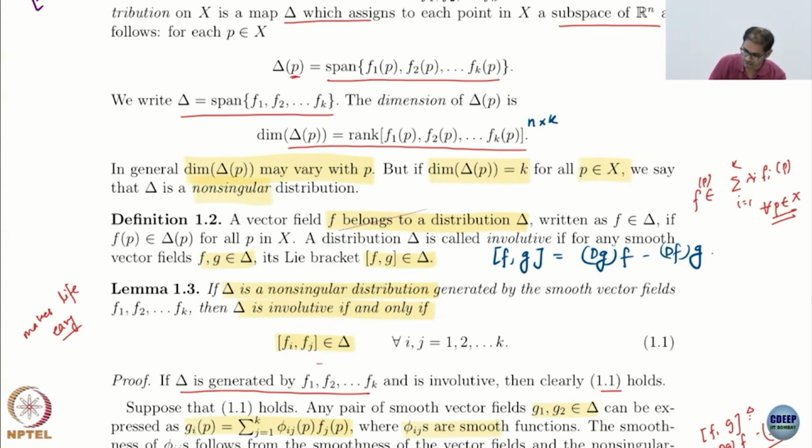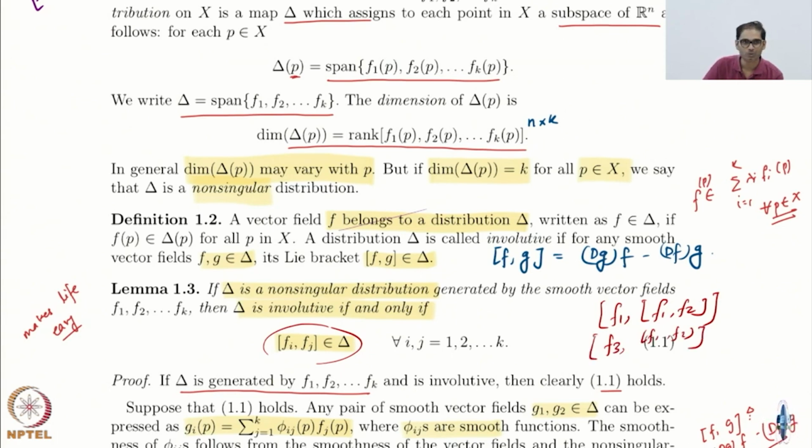It's not enough to just check this much. If I was going just by the definition, F1 comma F2 has to be in the distribution, F1 comma F1 comma F2 has to be in the distribution, F3 comma F1 comma F2 has to be in the distribution. You see how it's going.